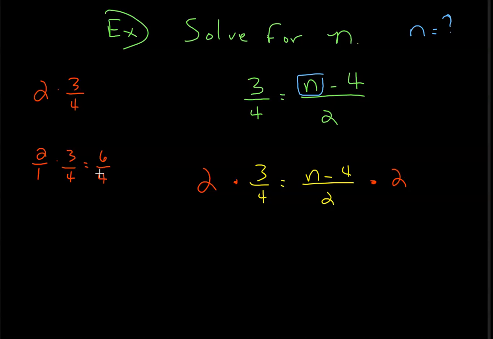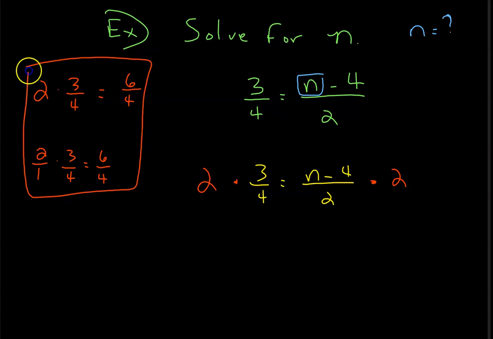So 2 times 3/4 is really 6/4, which is 1.5. Matter of fact, in the future, I'm just going to call that 1.5.